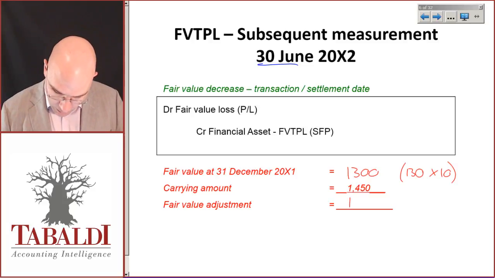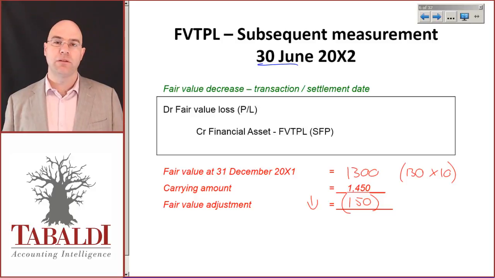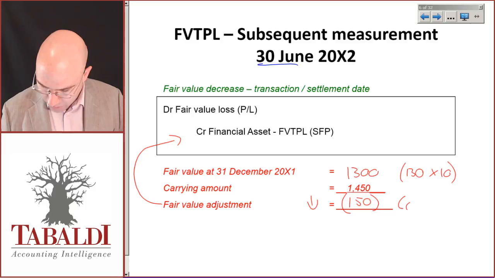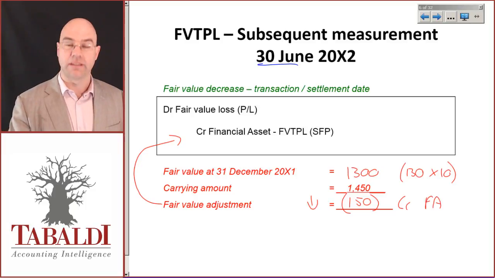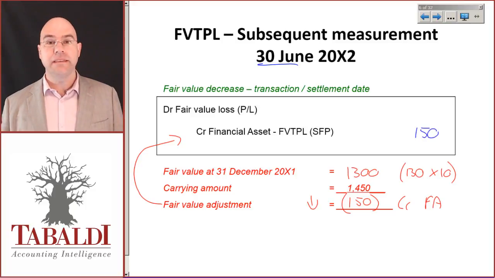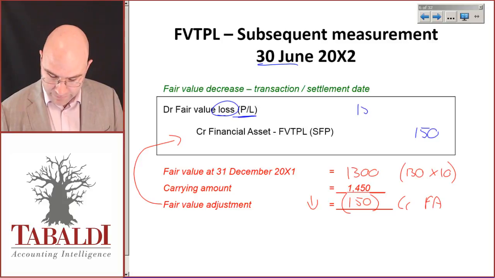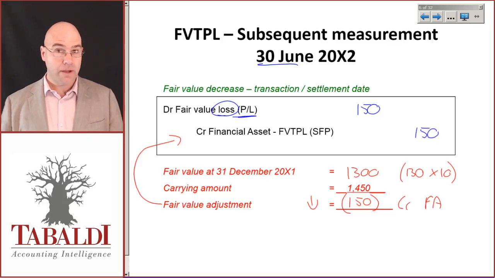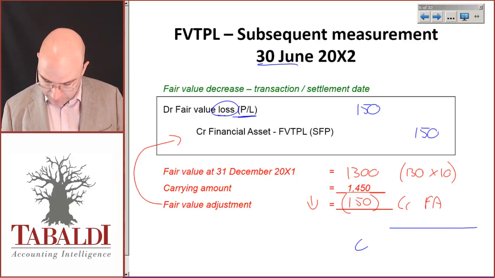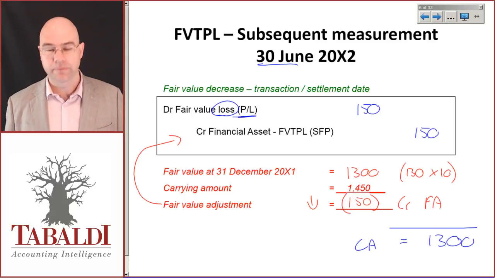This time I have a 150 negative, a decrease in the fair value adjustment. If I decrease the financial asset, I will credit the financial asset 150, and the debit, the expense, the loss, goes through profit or loss, 150. Okay, so I first do the fair value adjustment before derecognizing and selling the asset. The carrying amount now is equal to 1,300.